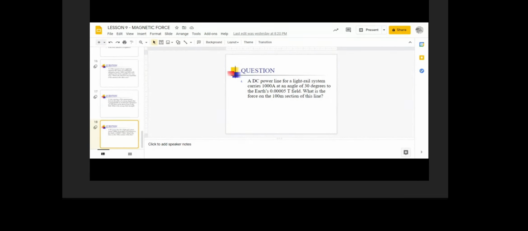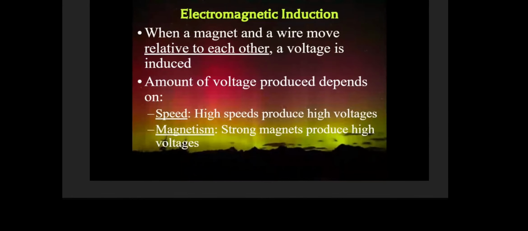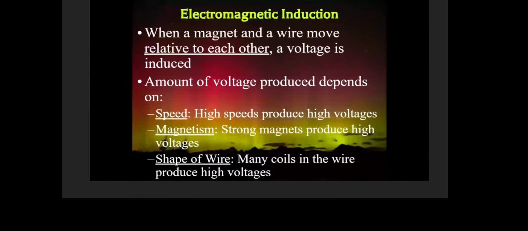All right, the last thing is magnetic induction, which has nothing to do with calculations. So all we've learned so far is we have a conductor with current in it that is inside a magnetic field, so it experiences a force.